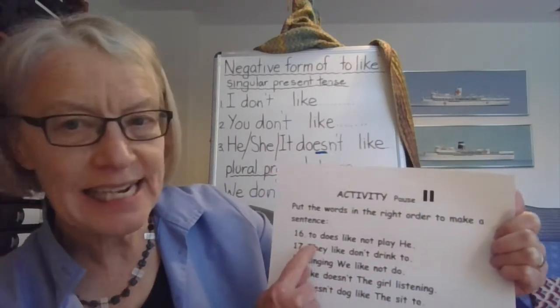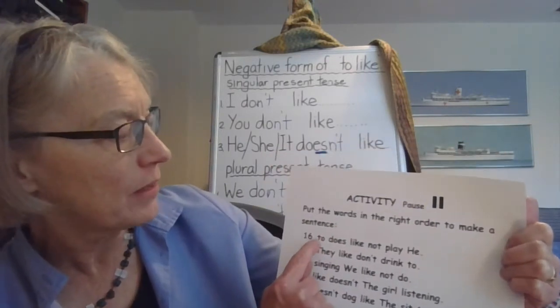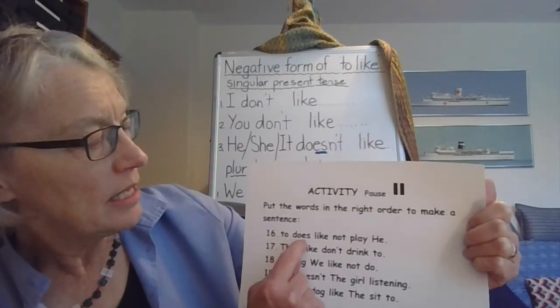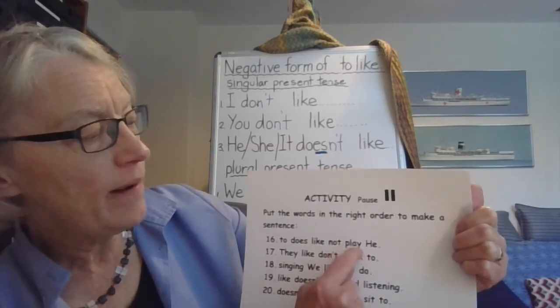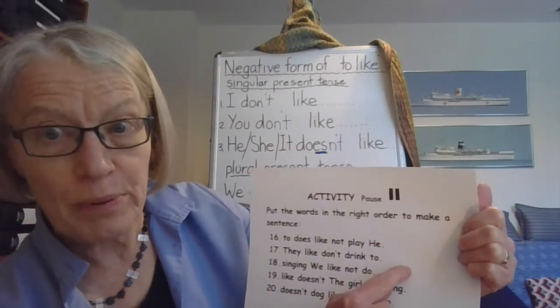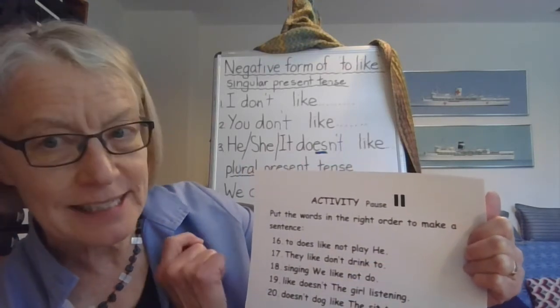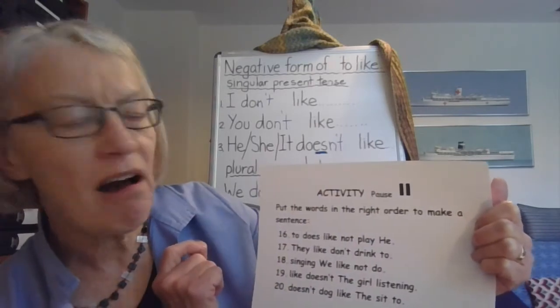So number 16, the words that you've got to use to make your sentence are to, does, like, not, play, he. And you must use a full stop at the end of your sentence. I'll help you with that one because it is hard.